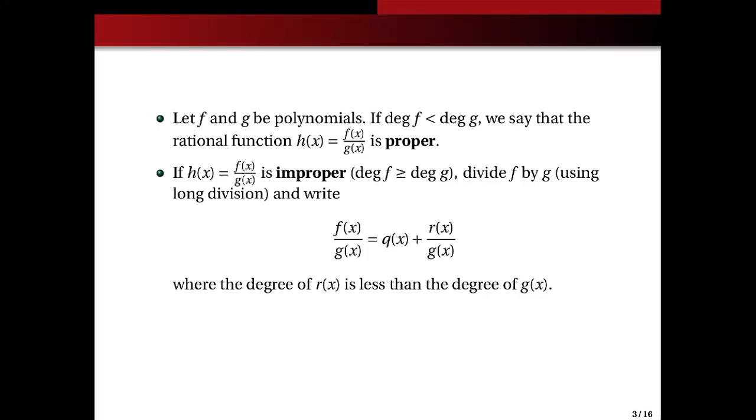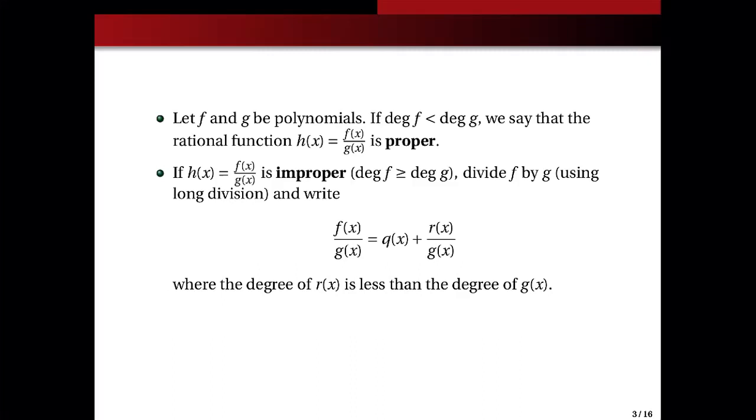When you divide it, your f of x over g of x, you will get some function q of x here, which will be a polynomial, plus r of x over g of x, where the degree of r of x will be less than the degree of g.